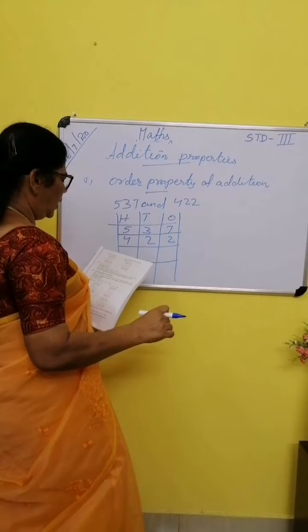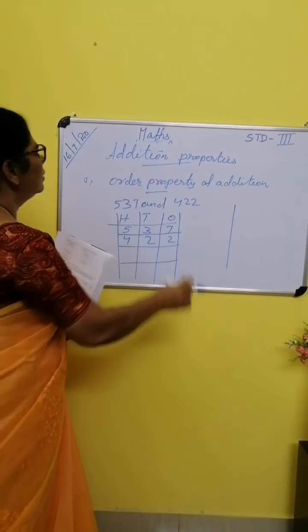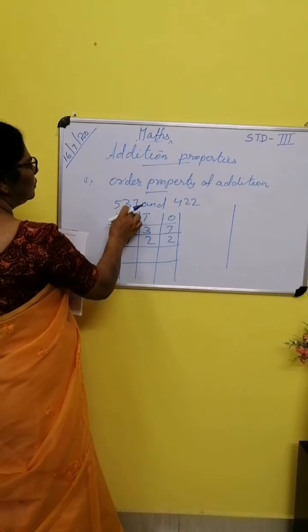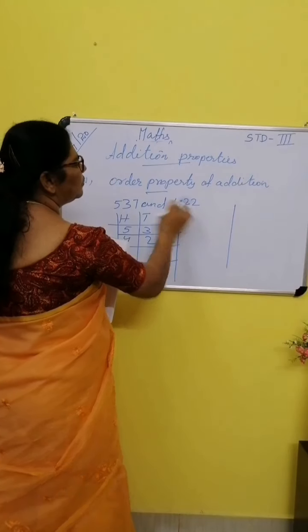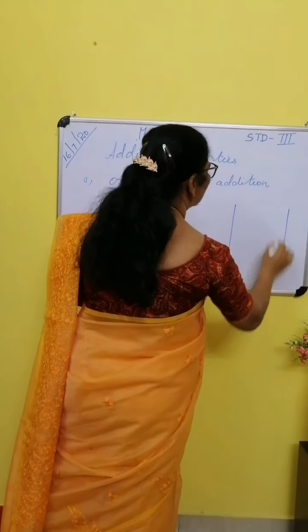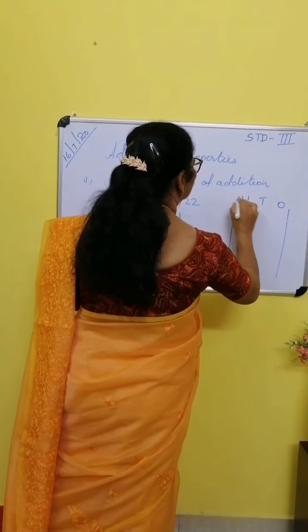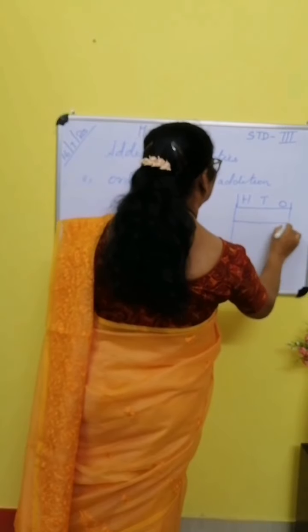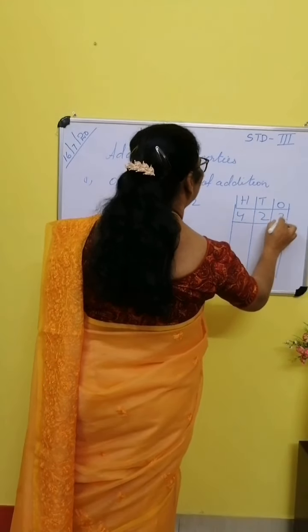Next we can write the columns. We can change the order of the numbers. Here we wrote this number first. Here let us write this number first. That is changing the order. 422, then 537.